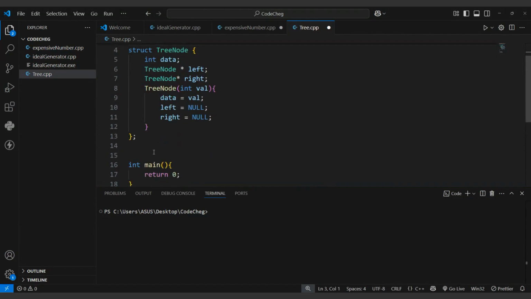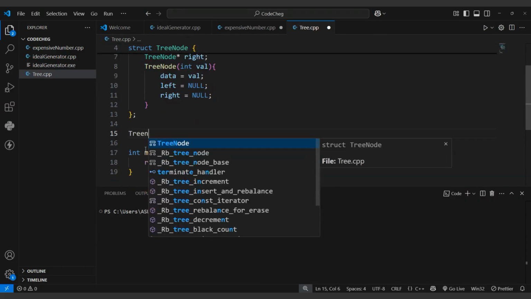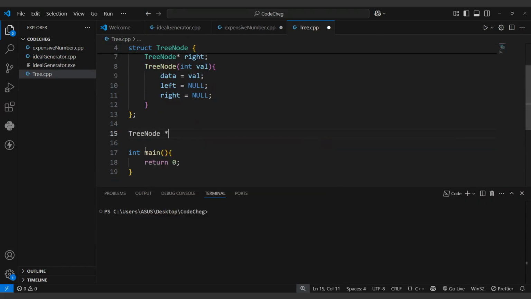Now we are creating a function, and the function returns the reference to the root node. That's why I'm writing tree node star. Tree node is a class type, a data type, and star means pointer. So we are returning the pointer.